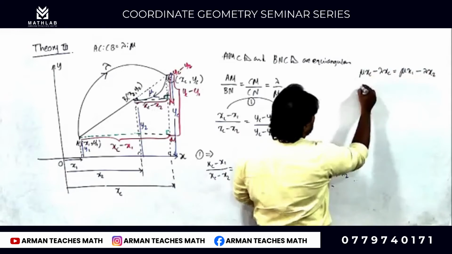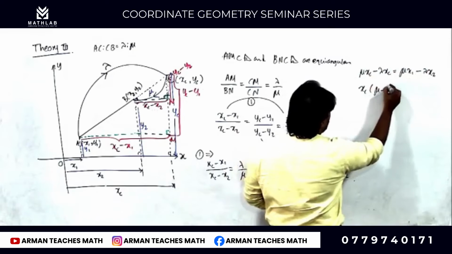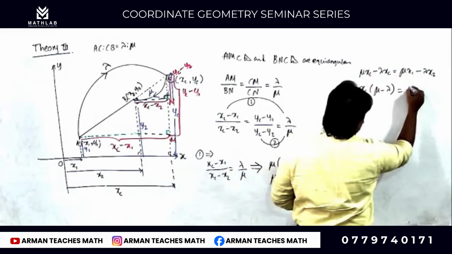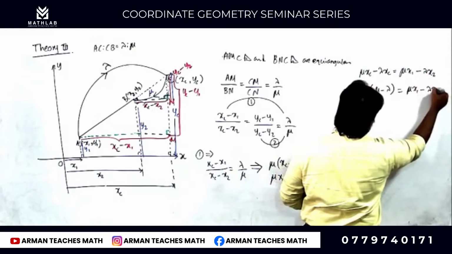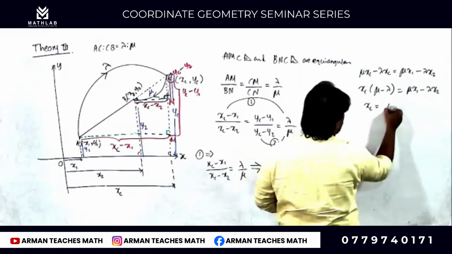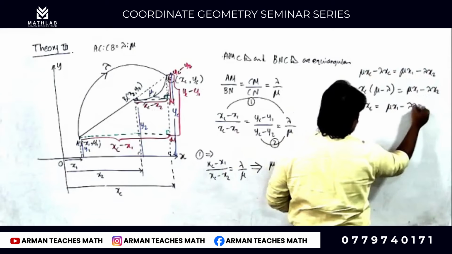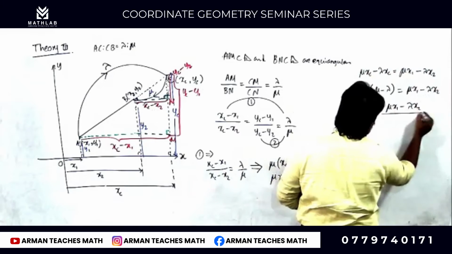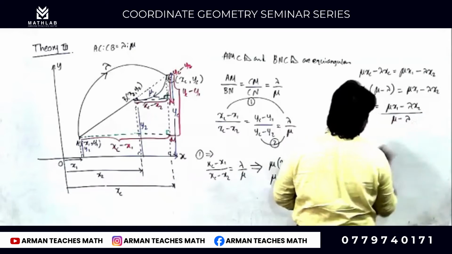So below this one, I'll do the calculation here. Let's take XC as a common factor outside. We get XC times mu minus lambda is equal to mu X1 minus lambda X2. Let's divide both sides: XC is equal to mu X1 minus lambda X2 divided by mu minus lambda.